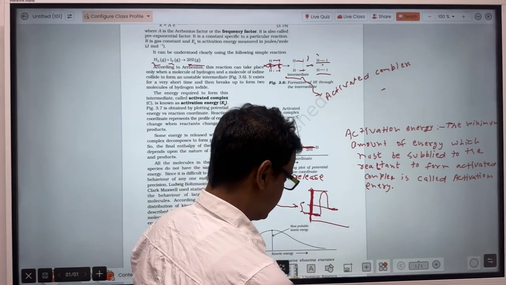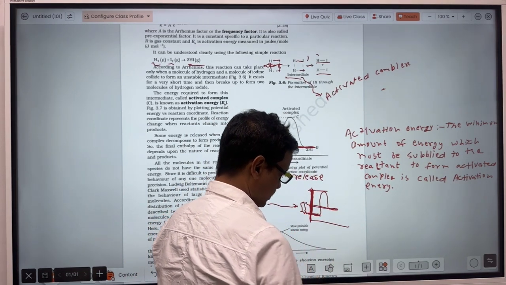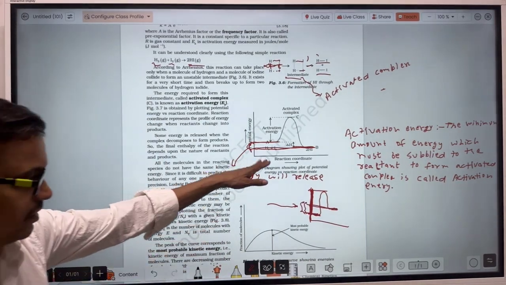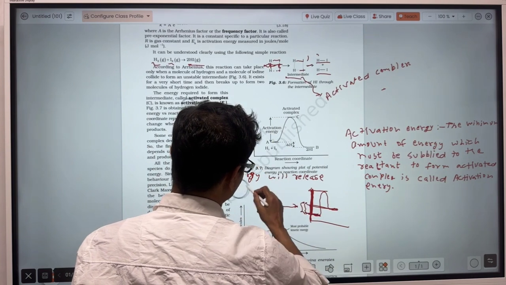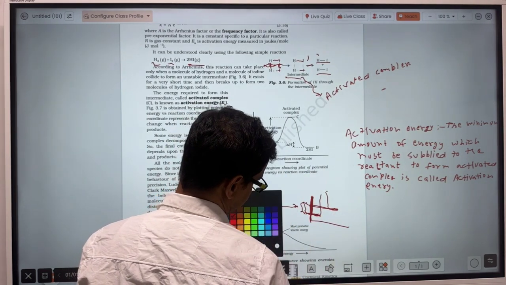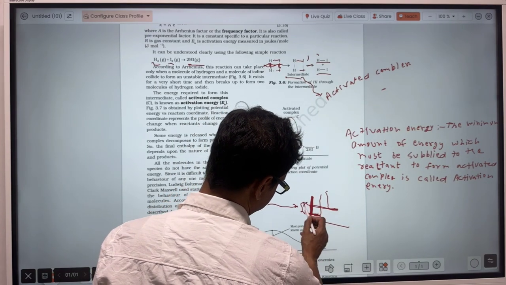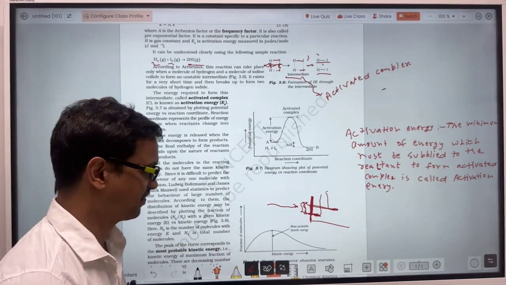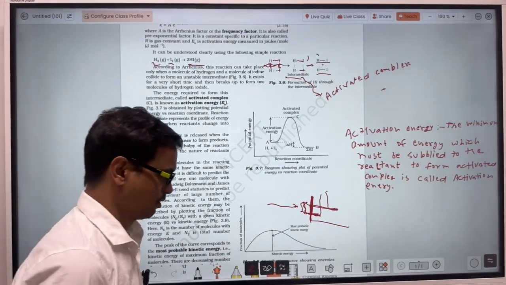This is the energy of reactant and this one is the energy of product. So the rest amount of energy will be absorbed during the reaction. When the energy of product is higher than that of reactant, the difference of energy, that means energy of product minus energy of reactant, will be absorbed during the reaction.